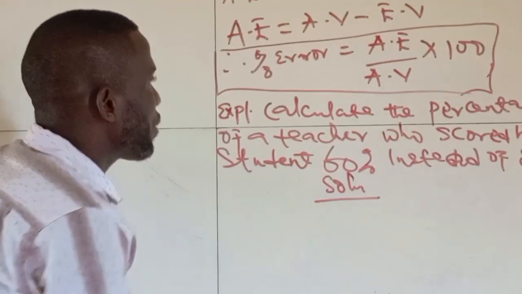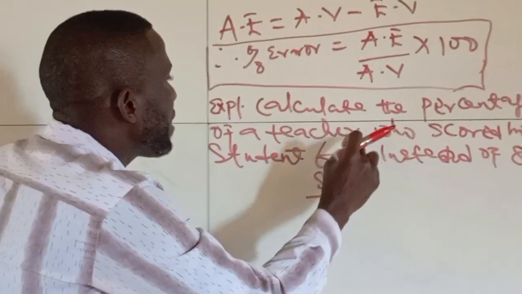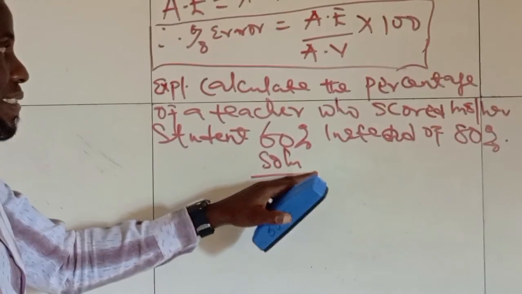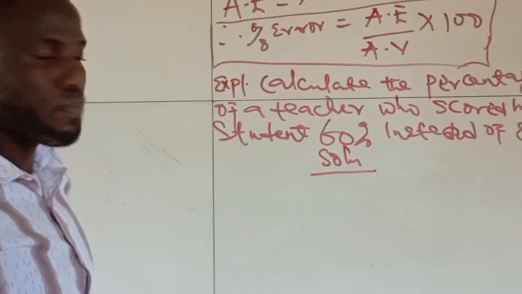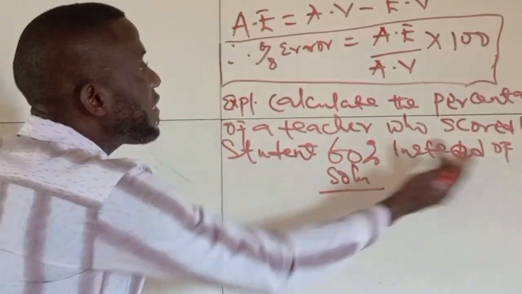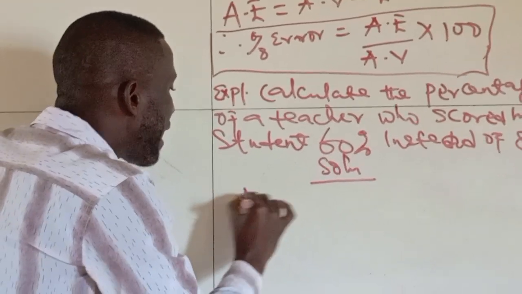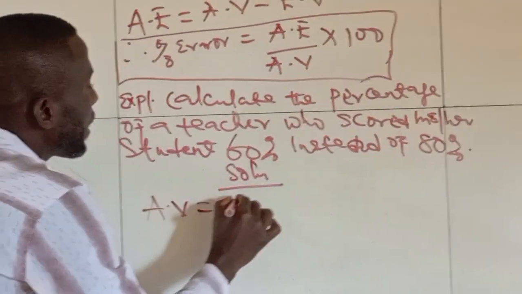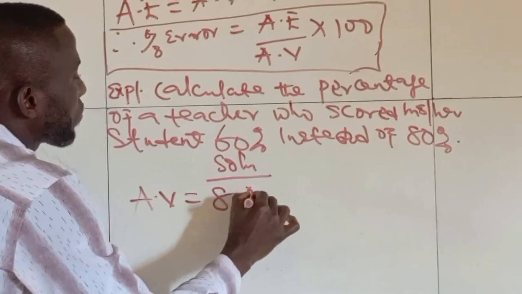Going by this question, the teacher scored his or her students 60% instead of 80%. Our actual value, the ideal score of this student, is 80%.